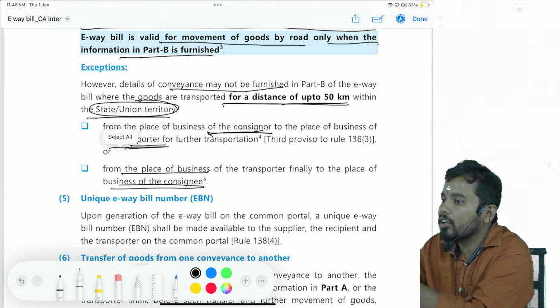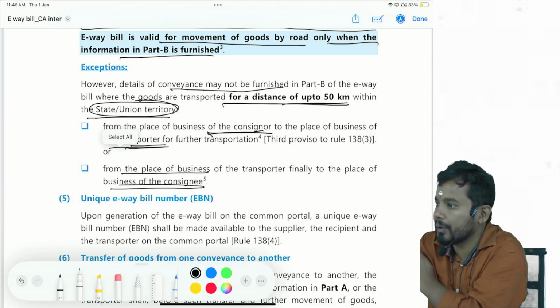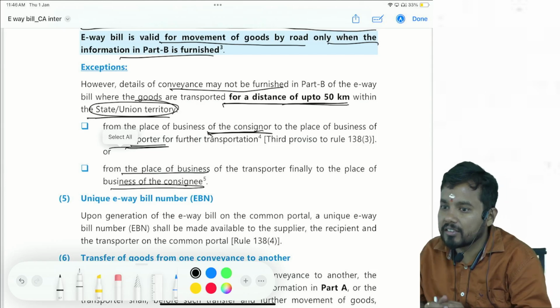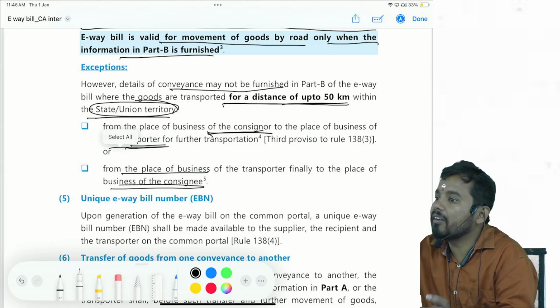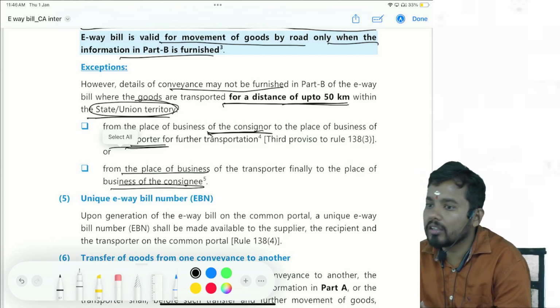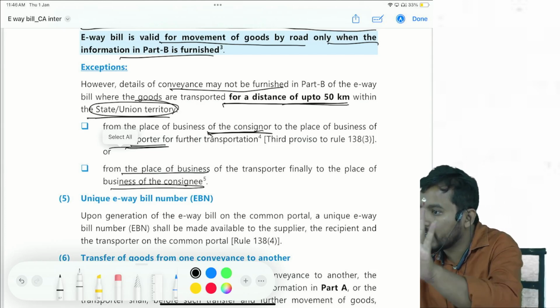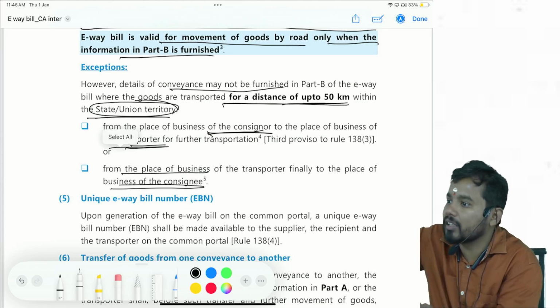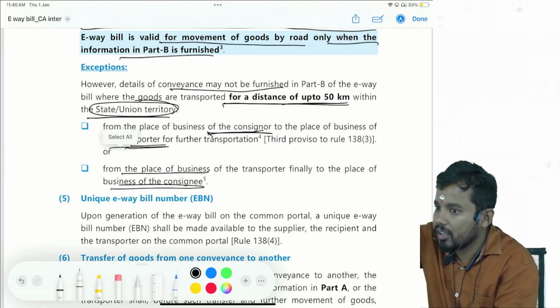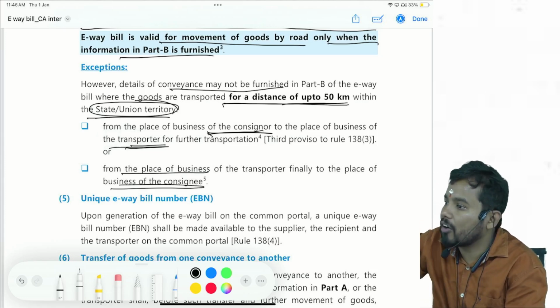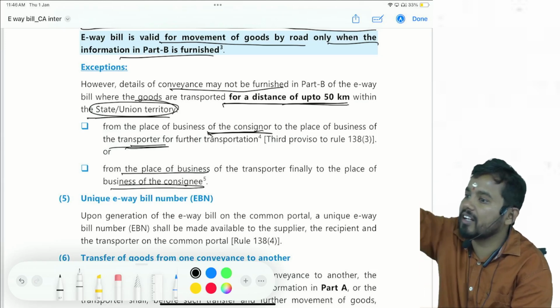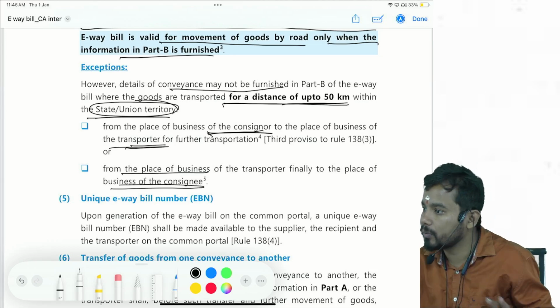Transporter office need not always be adjacent to me. I have to travel some distance. In the meantime, if anyone intercepted the vehicle, then what? Then I can say that, sir, part A I have already generated. I am taking it to the transporter premises. Once I reach the transporter office, there they will update the details and generate the full e-way bill. That you can explain.